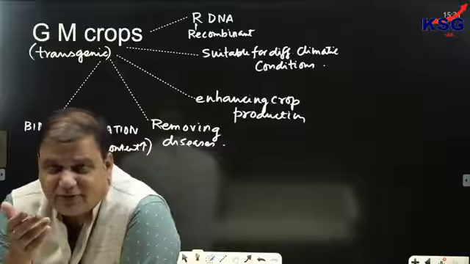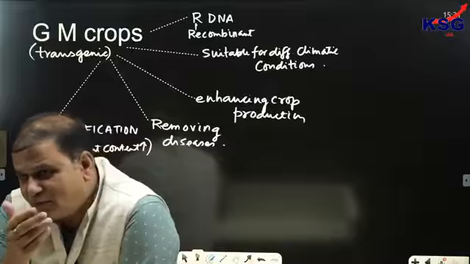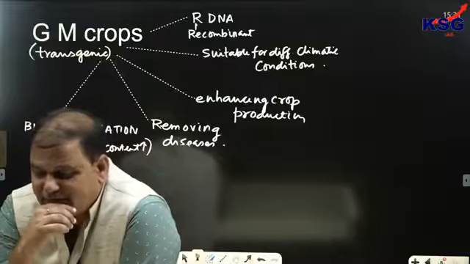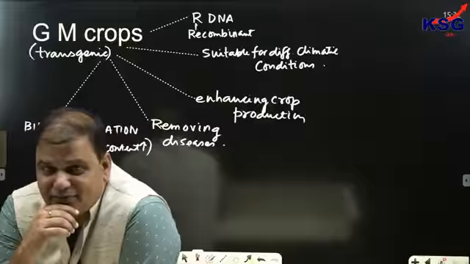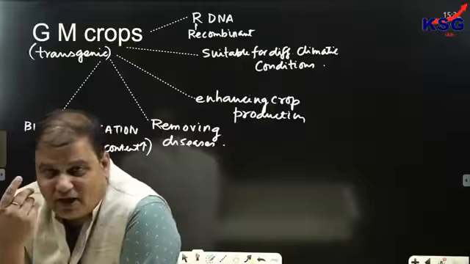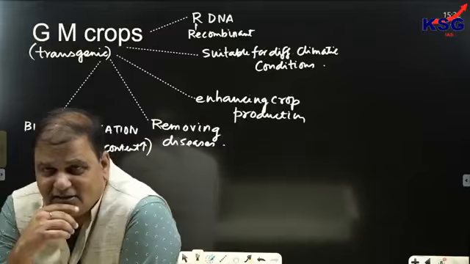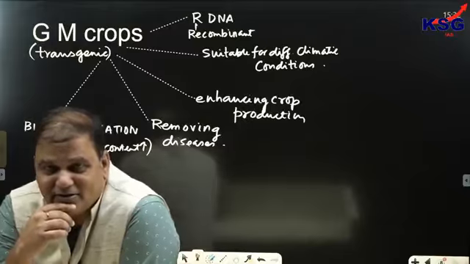So this is called fortified rice. This was given to school children in India who were suffering from anemia. But there's no transgenic mechanism. It's not genetically modified. No genetic alteration has taken place.